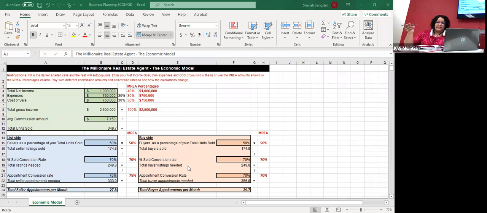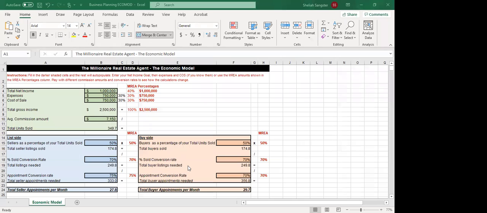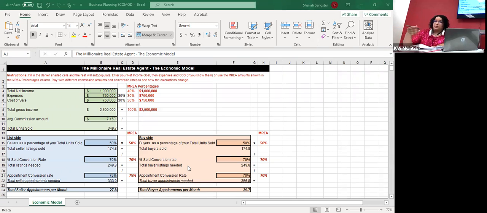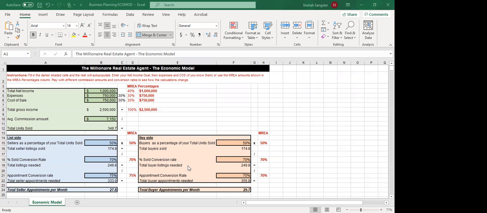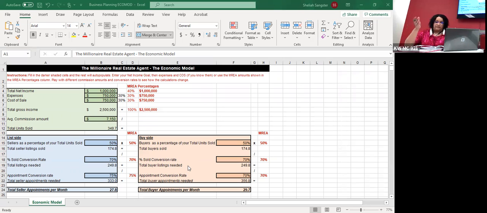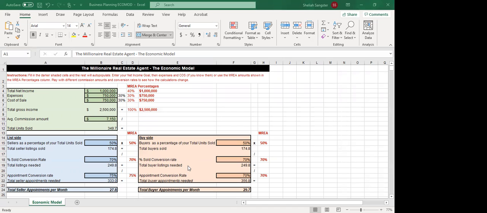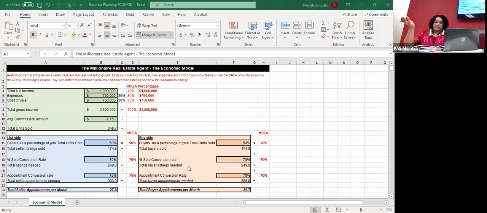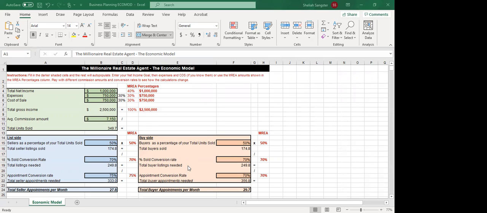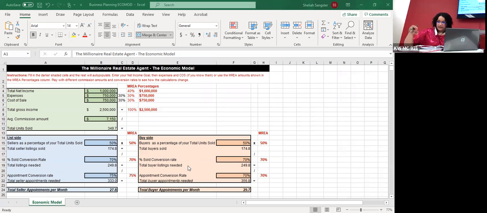You do the same process for the seller side: multiply the number of sellers sold times your average sales price and times your average commission rate to get your gross revenue from sellers. The two figures equal your total gross revenue, and you subtract your expenses from that to get your net income.